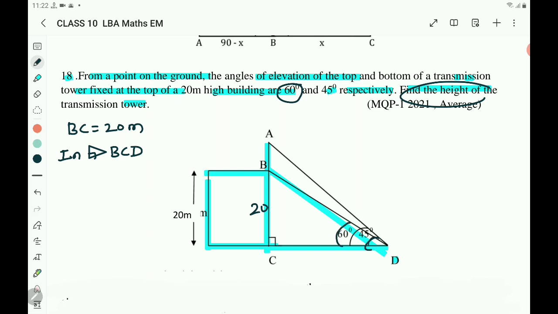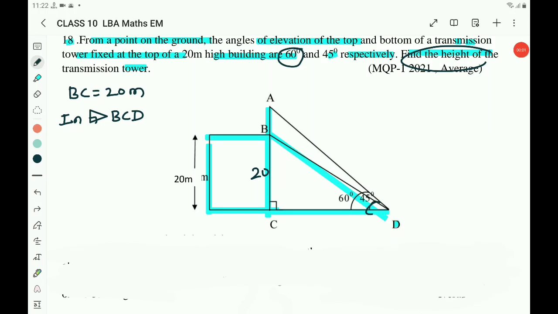That is 45 degree. So, which trigonometric ratio you have to take? Here BC is the opposite side and CD is the adjacent side. Trigonometric ratio with opposite side and adjacent side is tan theta. You know that tan theta is equals to opposite side by adjacent side.